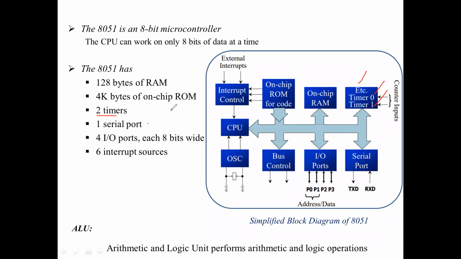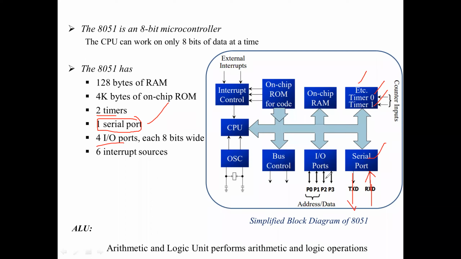And we have serial communication. In device to device data transmission, the data is transferred at a certain baud rate, a certain speed, so for that we can use the serial port. Through this TXD you will be transmitting data outside, and if your controller requires certain data serially from another device, you can receive it here.